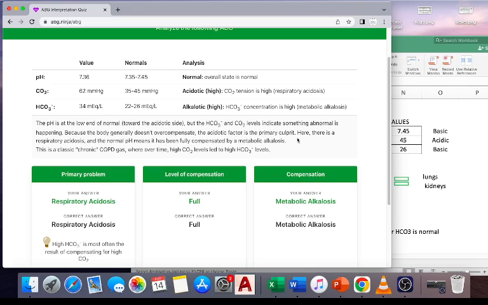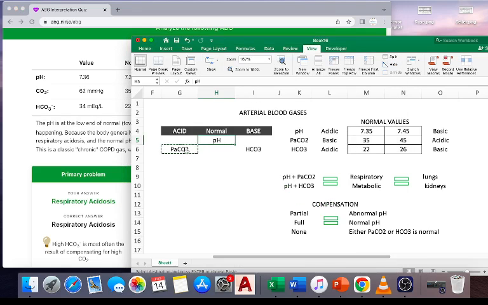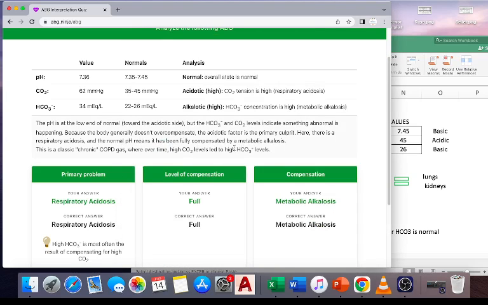With a pH of 7.36, there's a respiratory acidosis because pH plus PaCO2 is respiratory. Had it been bicarbonate, it would have been metabolic. And the normal pH means it has been fully compensated. So it's back to normal.